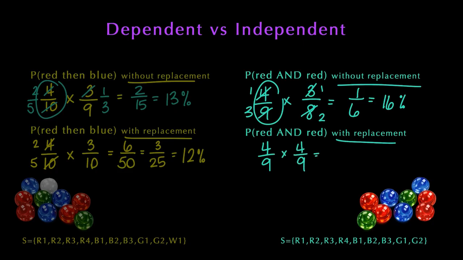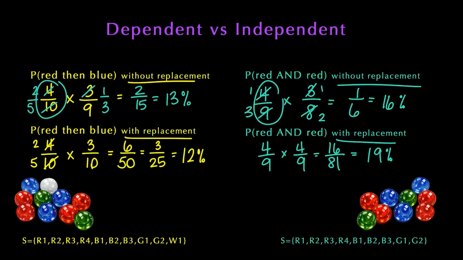I can't reduce anything here, so I'm going to multiply top times top, bottom times bottom. And when I do the math on this one, it actually comes out to 19%. So this one's actually a higher percentage than without replacement.